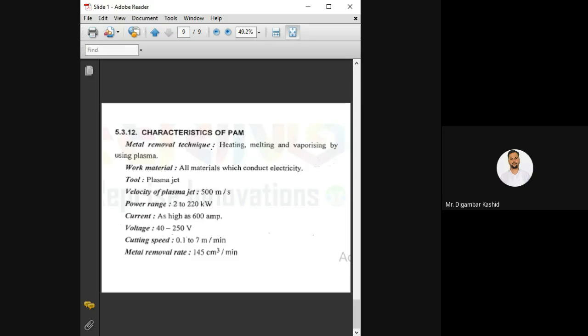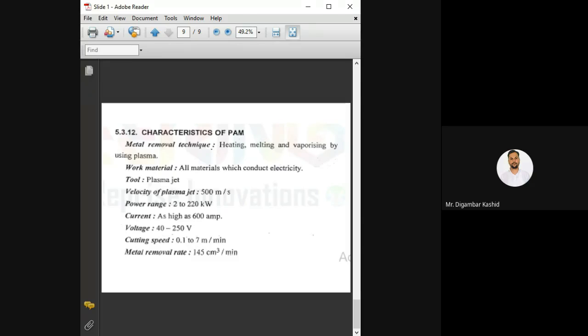As many times as I am mentioning, here material is removed by directing a high velocity plasma jet, or we can say by directing a high velocity jet of high temperature ionized gas. High temperature ionized gas means our plasma arc.